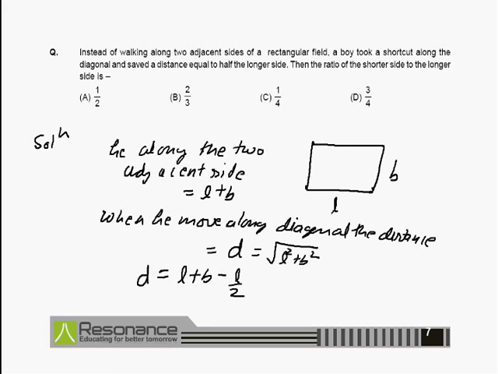So we can write that when we move along the diagonal, the distance D is half the longer side less than when he moves along the two adjacent sides. As we know, D is equal to under root of L square plus B square, equal to L minus L by 2, which comes to be L by 2 plus B.